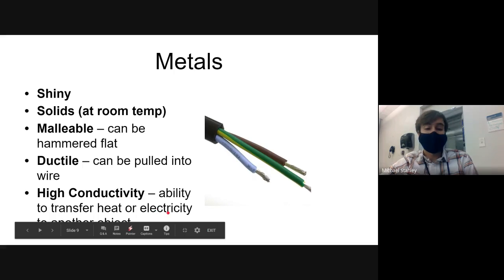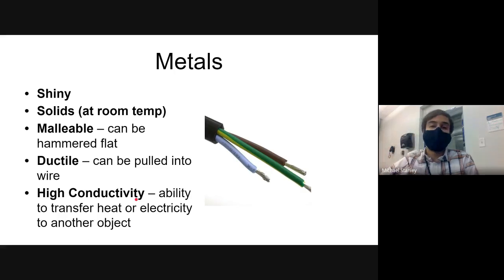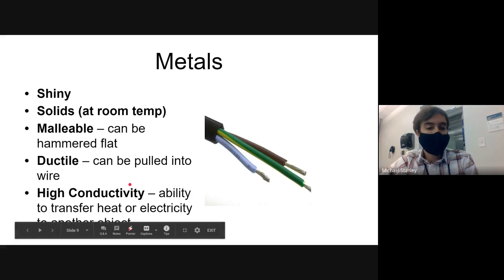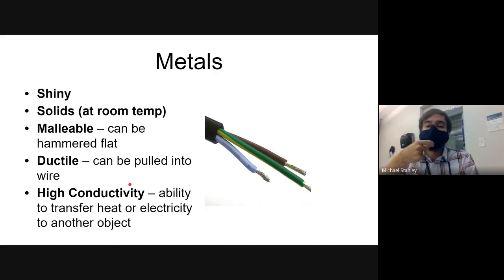This also works for electricity. So the reason why all the wiring going through your house, a lot of it is made out of copper, is because copper is an especially good conductor of electricity. Also, you want to keep any metal away from your electrical outlets, right? Please do not ever do this.